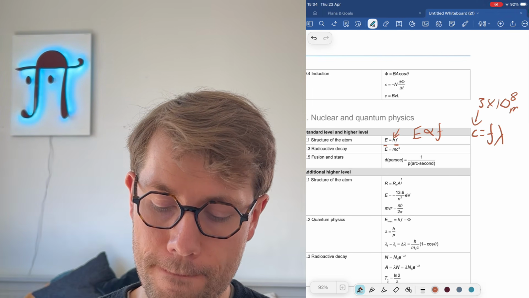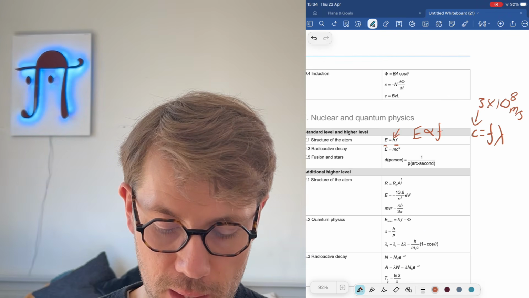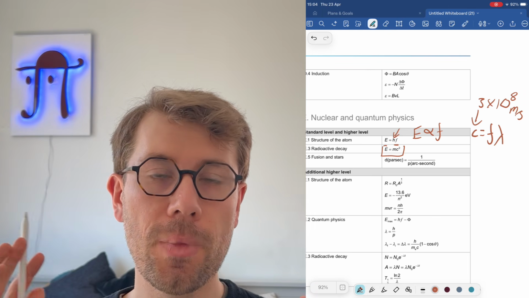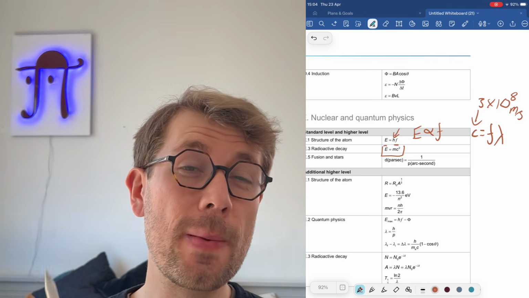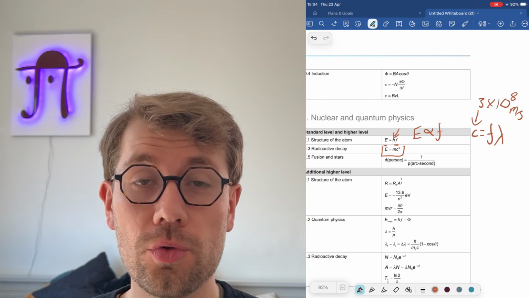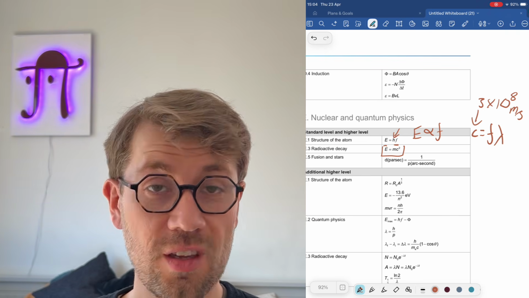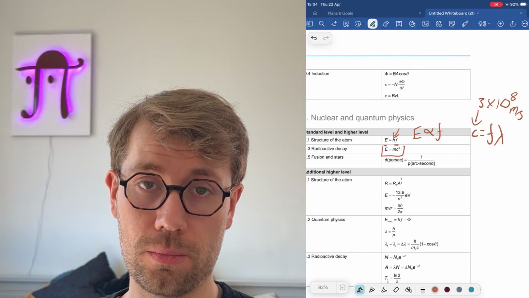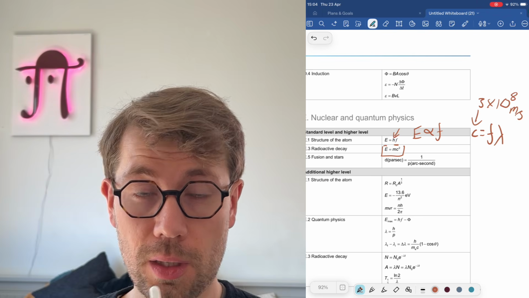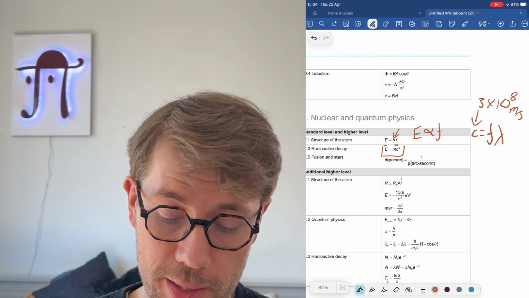So, next we have E equals mc squared, Einstein's lovely equation. Now remember when I said it didn't really matter so much about the masses of neutrons and protons? They were so close together. Here is where it matters. Because here a tiny bit of mass can make a lot of energy, because we're going to times that tiny bit of mass by the speed of light squared.